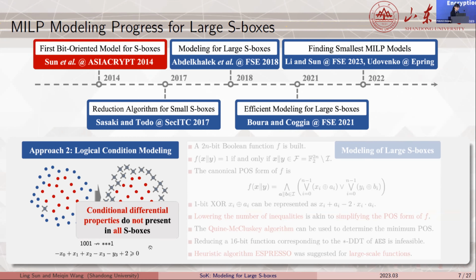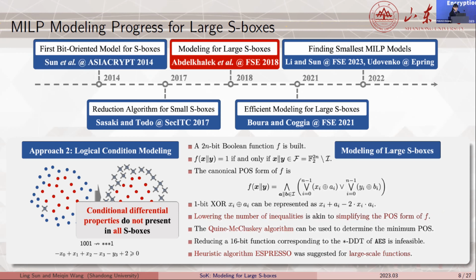The problem is that conditional differential properties are not present in all S boxes. Moreover, this method is mostly applied to lightweight ciphers. At FSE 2018, a novel modeling for large S boxes was proposed.